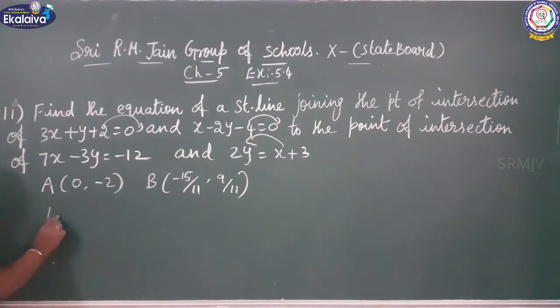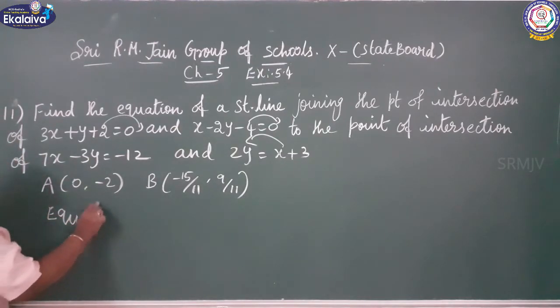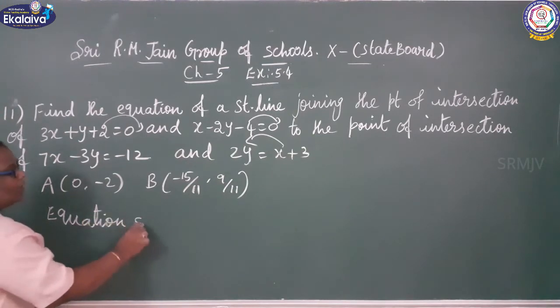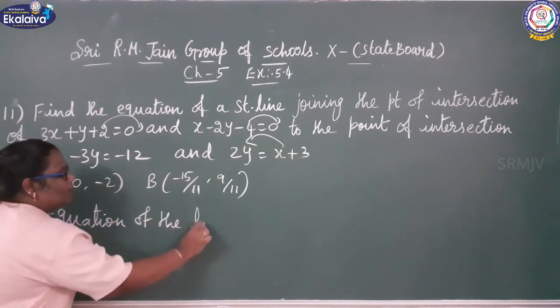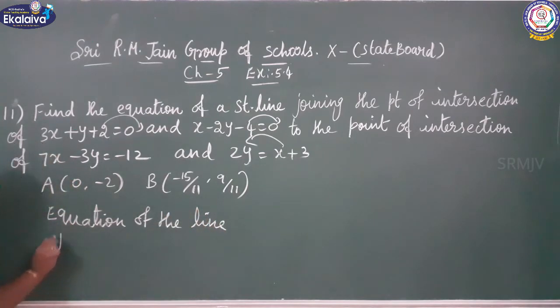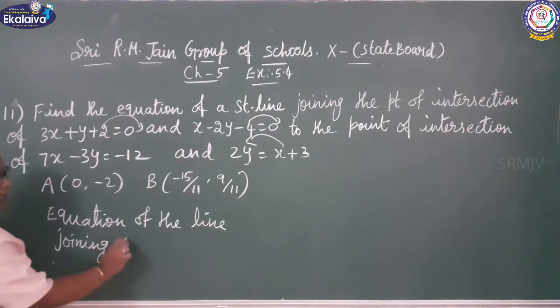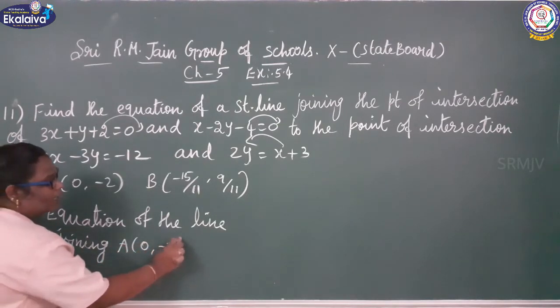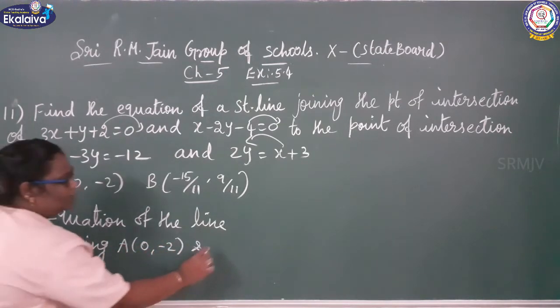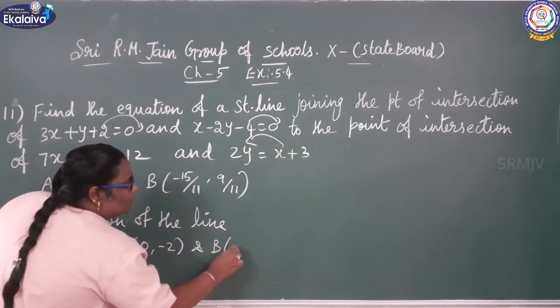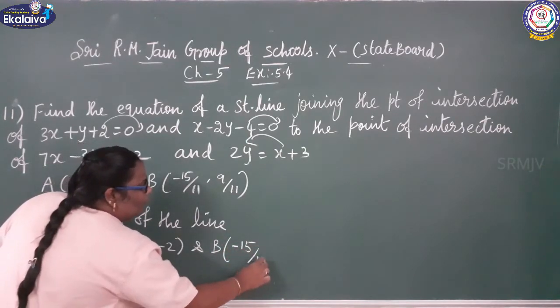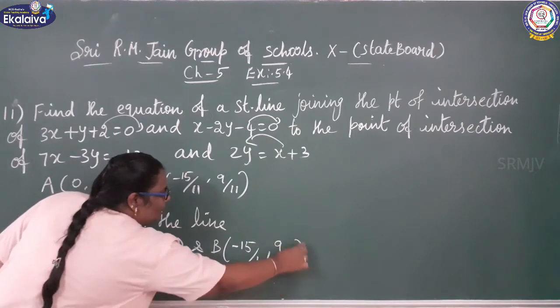Equation of the line joining the points. What are the 2 points? A is 0 comma minus 2 and B is minus 15 by 11 comma 9 by 11.